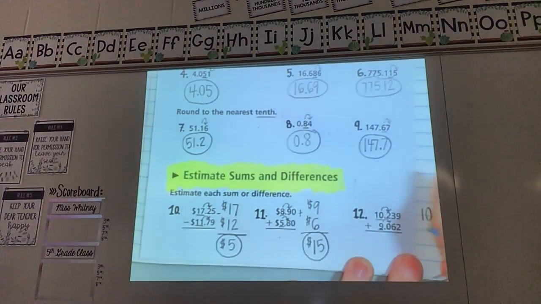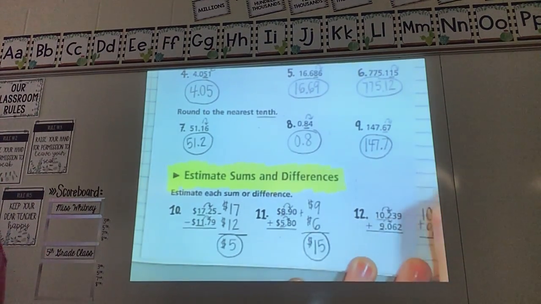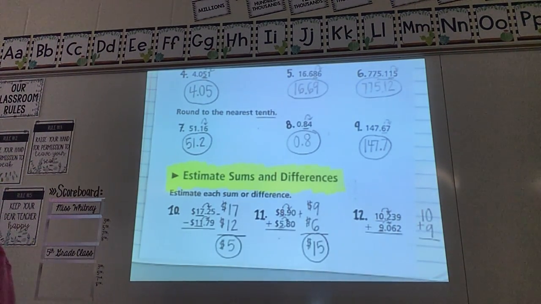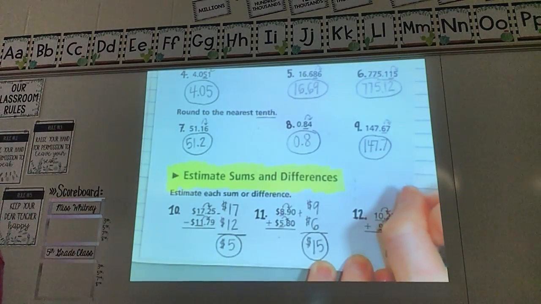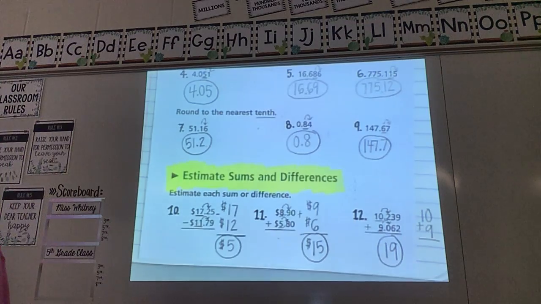It is going to stay a 9. What are they asking me to do with those two numbers? Add them. And 10 plus 9 is 19. Notice I do not need a label on this one because there was no dollar sign or anything. We just pretend like it's dollars.